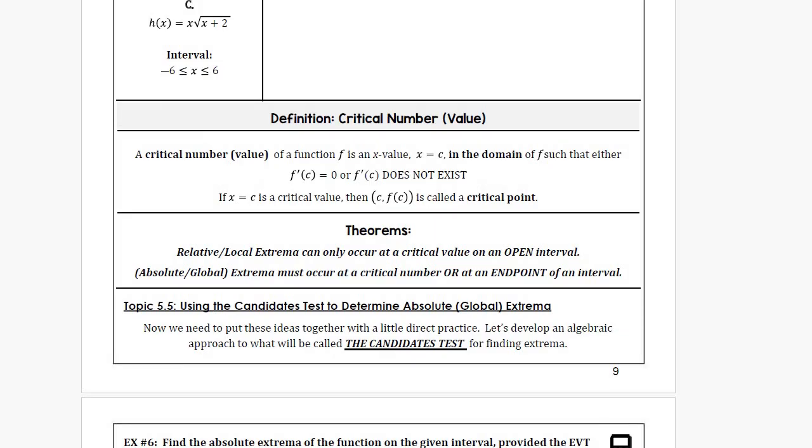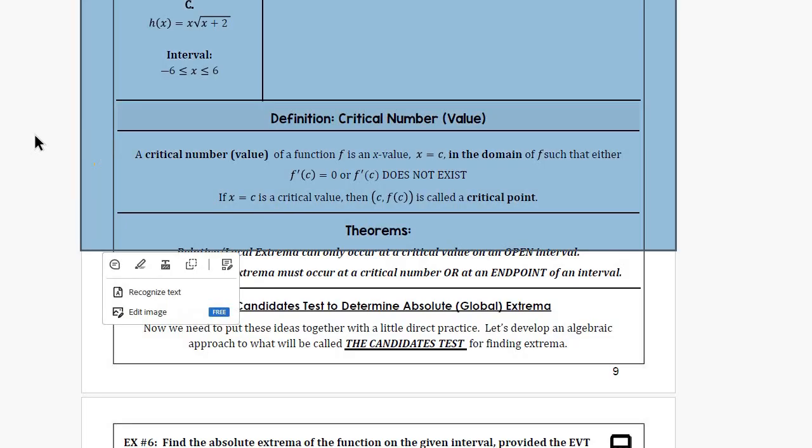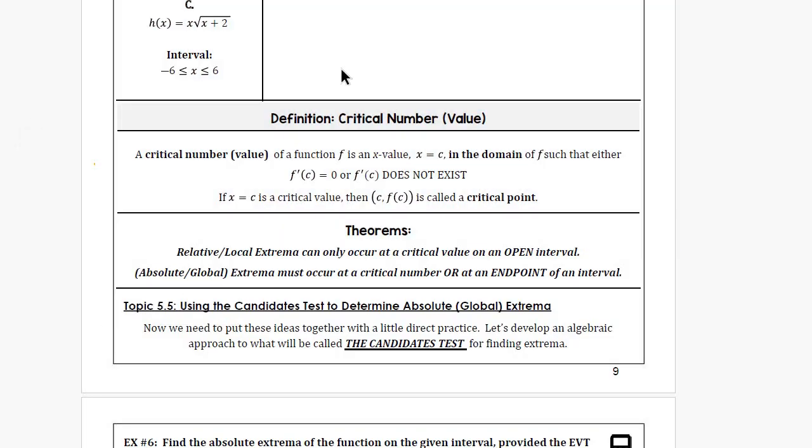So basically the idea is, remember that we talked about how our relative mins and maxes are like turning points, okay? We're changing from increasing to decreasing or decreasing to increasing. If we're looking at our graph of that, notice that we would have to have either a point up top or a point down low.